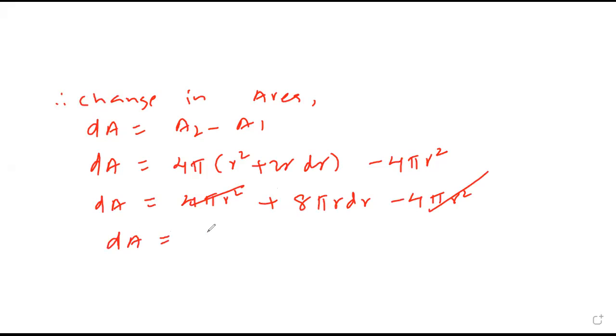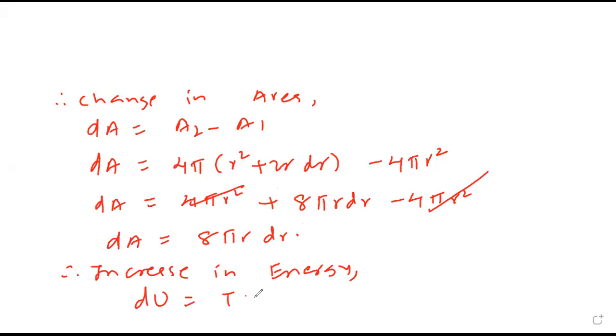So dA is 8 pi r dr. Therefore, increase in energy dU is T into dA. So dU is T into 8 pi r dr.